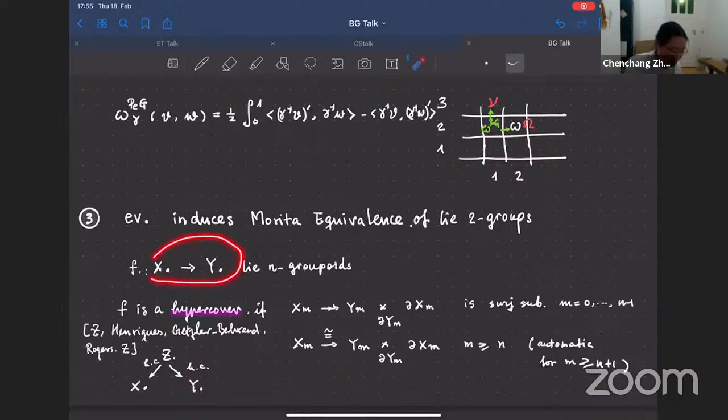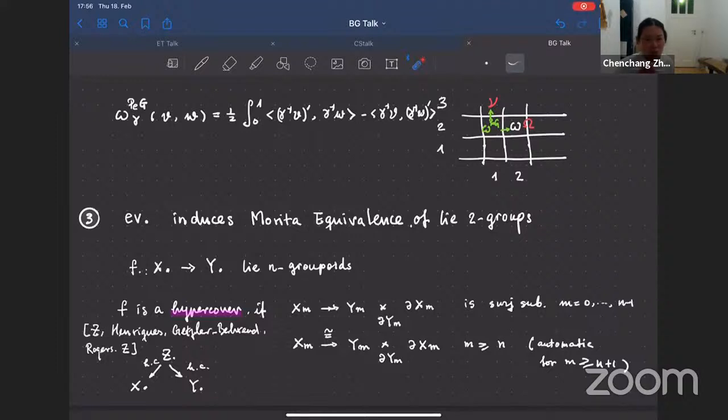When you have two Lie n-groups and a map between them, you call it a hypercover if this natural projection from X2, which is a boundary of the simplicial manifold, is a surjective submersion, and when the degree is bigger or equal to n, it's an isomorphism.